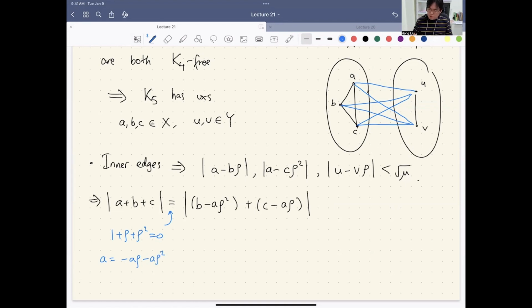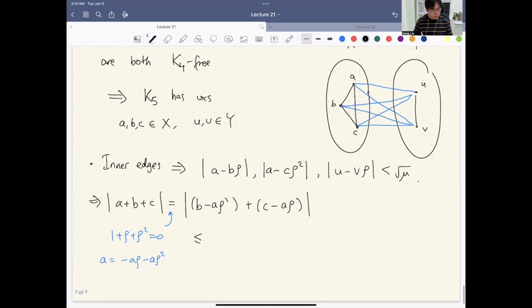Now we can use the triangle inequality. This is at most... I paired up in the wrong way, right? Let me pair up this way. Okay, it's not correct either.